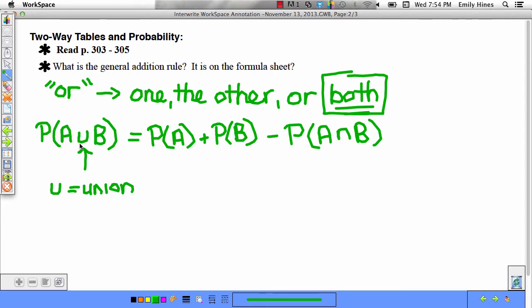So the probability of A or B is equal to the probability of A plus the probability of B minus the probability of A and B. That's what this stands for, intersection, and it is and. You can kind of remember that because and has an N in it, and so the N is and. This is the general addition rule, and yes, it is on the formula sheet, and it looks just like this on the formula sheet.